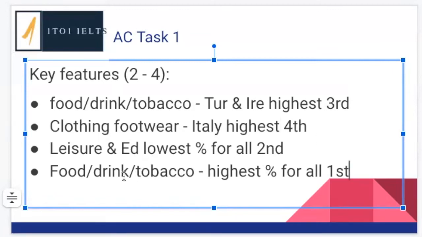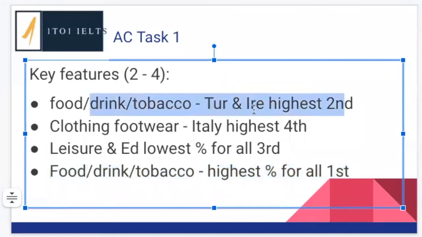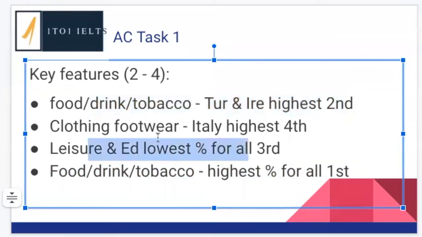What we could maybe do is food, drink, and tobacco, and then go into a bit more detail about it. So it's second, and then we go third, fourth. To me, I think actually this is maybe a little bit more specific and more logical, that we could talk about this being the first of all. Then with food, drink, and tobacco, Turkey and Ireland the highest. Leisure and education is the lowest. Clothing and footwear, Italy is the highest.